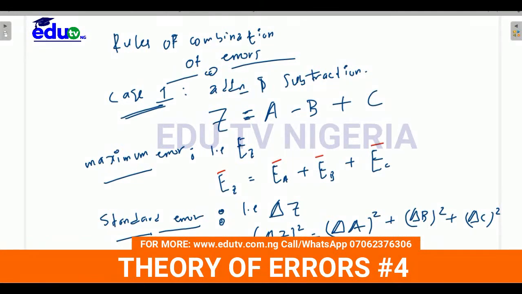That's for standard error. In case of addition and subtraction, for maximum error you just add the errors. With standard error, we take the root sum of squares of the errors in a, b, and c. Okay, so that's that.